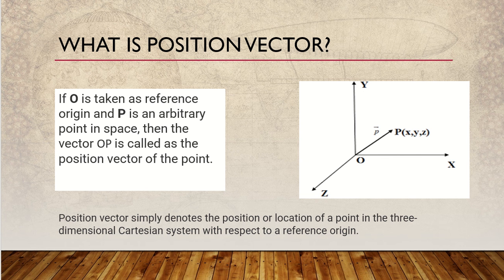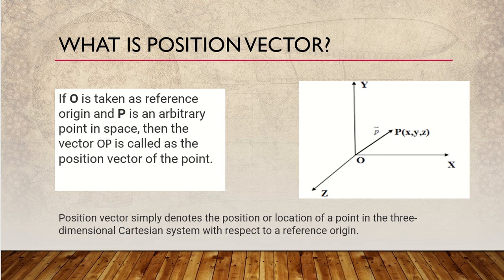In the diagram, there is a coordinate system and there is a point P on this coordinate system which has the coordinates x, y and z. It is located from the origin at the distance x, y and z. The position of the point P is specified by these coordinates x, y, z. This vector OP is called the position vector of the point P.